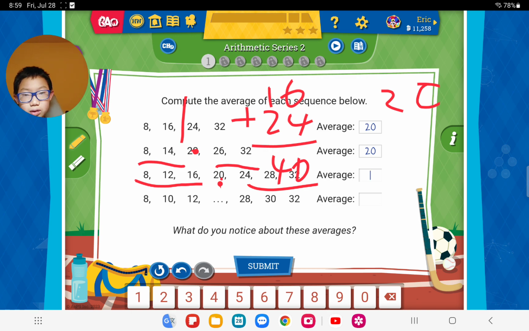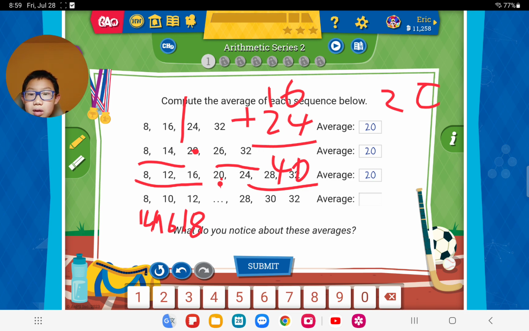Keep going. Okay, so first you see the... what? So actually you find the rules.